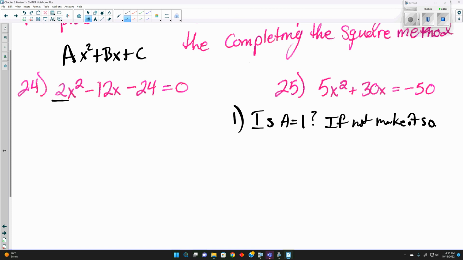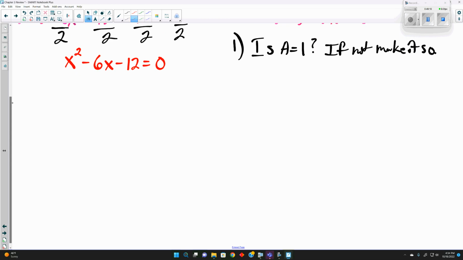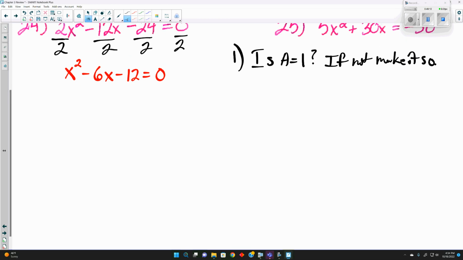So here a is 2, so we have to make it 1. So we're going to divide everything by 2. And when we divide everything by 2, 2x squared divided by 2 is going to be x squared. Negative 12x divided by 2 is going to be negative 6x. And negative 24 divided by 2 is negative 12. Is equal to 0. So that was the first step.